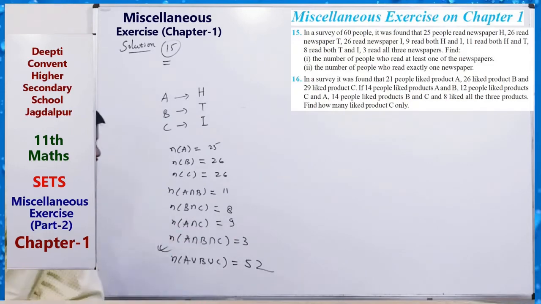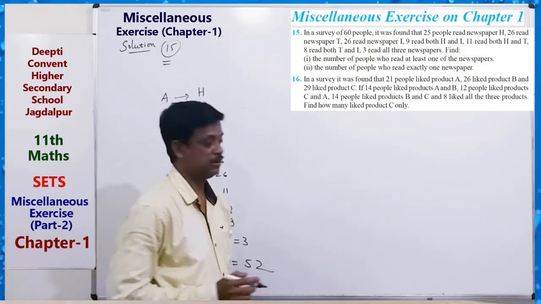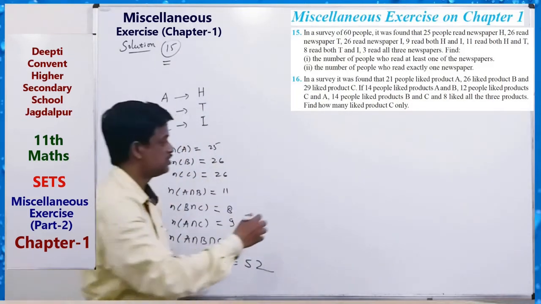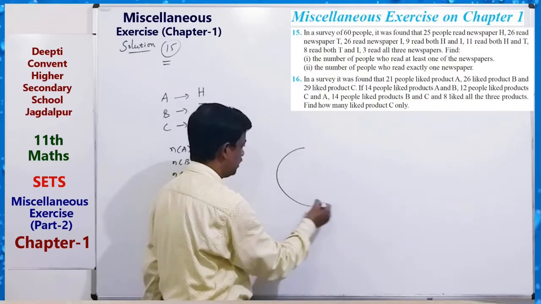Now, exactly one newspaper. So here 3 sets are connected, so we can draw a diagram like this.